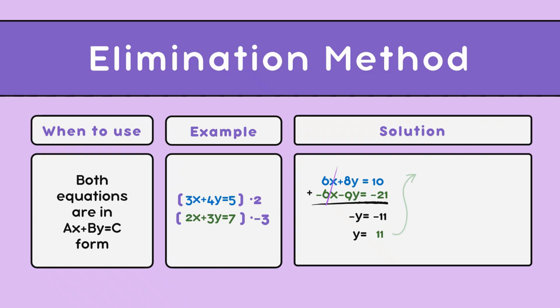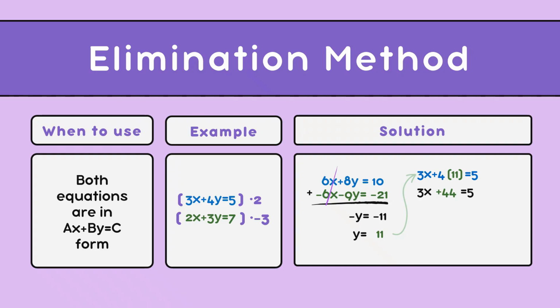Next, substitute y back into one of the original equations. So let's use the first equation. 3x plus 4 times 11 is equal to 5. Then let's simplify. So we have 3x plus 44 is equal to 5.